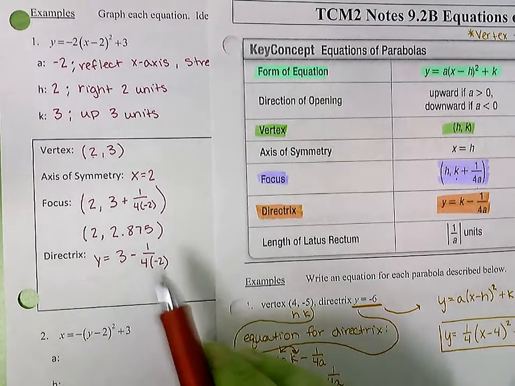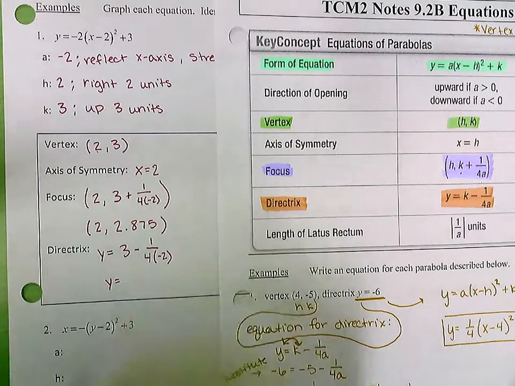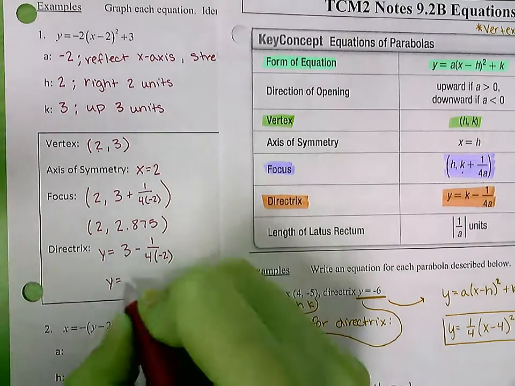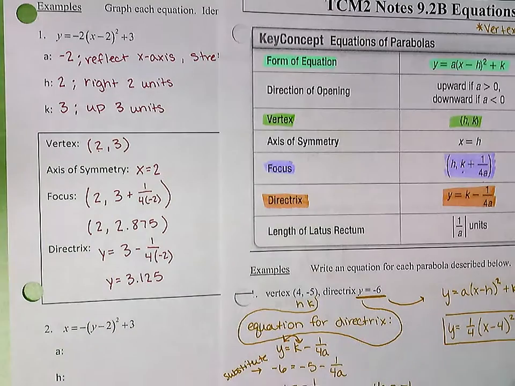So I have 3 minus negative 1/8, which will give me 3.125. So you could just enter that into your calculator if you didn't know how to do that in your head.